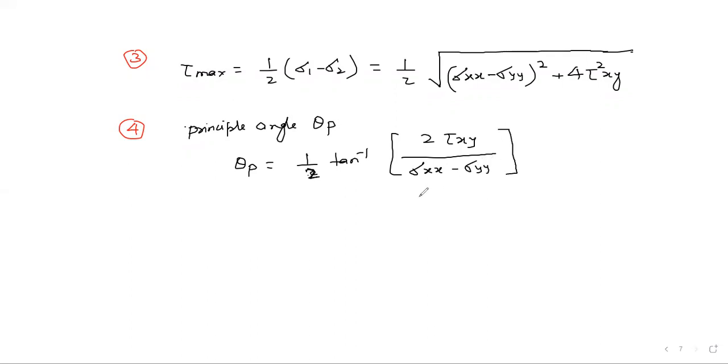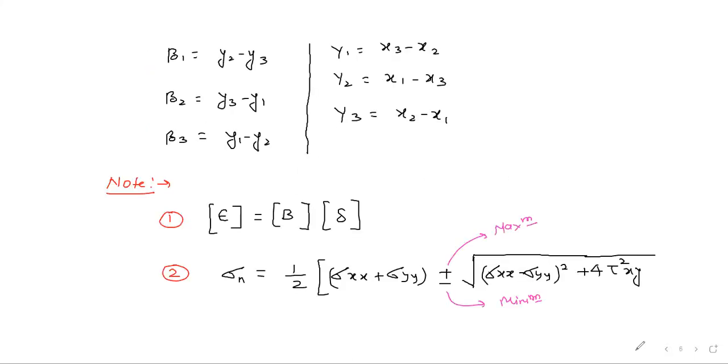So these are the formulas that are important while we solve problems based on CST elements. These are the additional formulas, because apart from the stiffness matrix, they can ask these things.